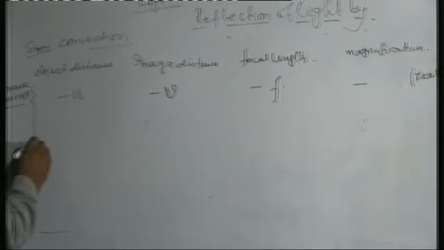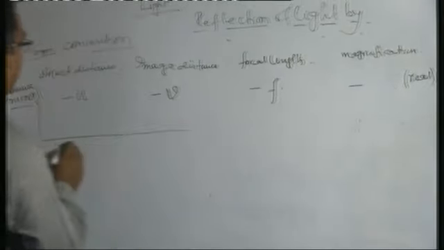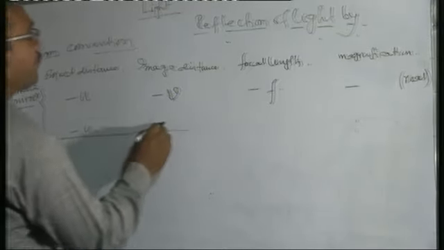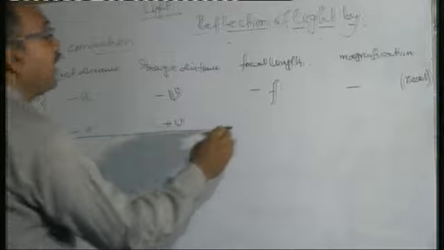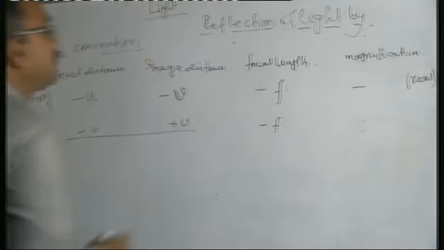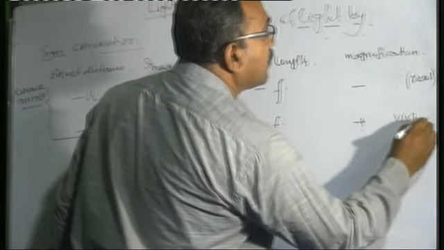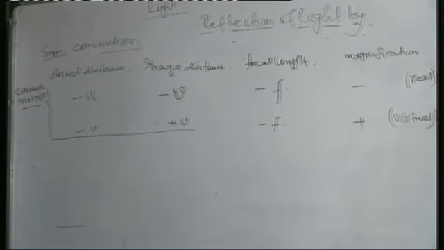Okay? If you say u is negative, v is positive, f is negative, then the magnification must be positive for the virtual image. Okay?